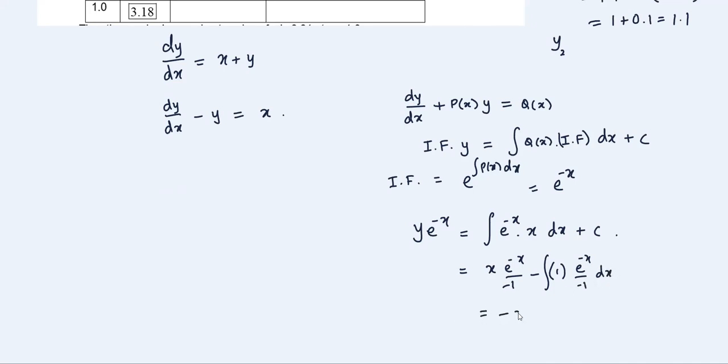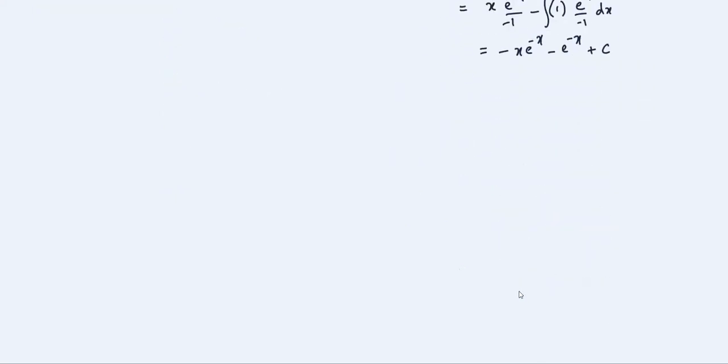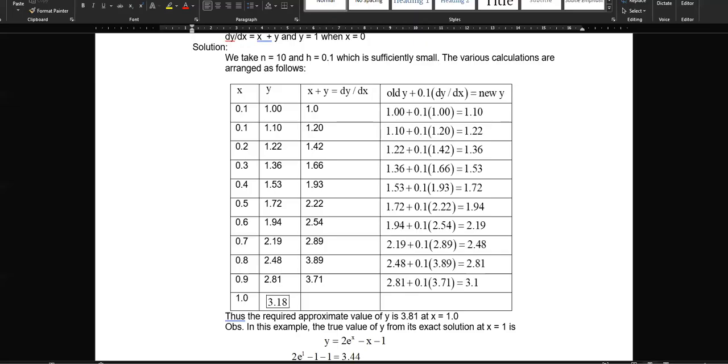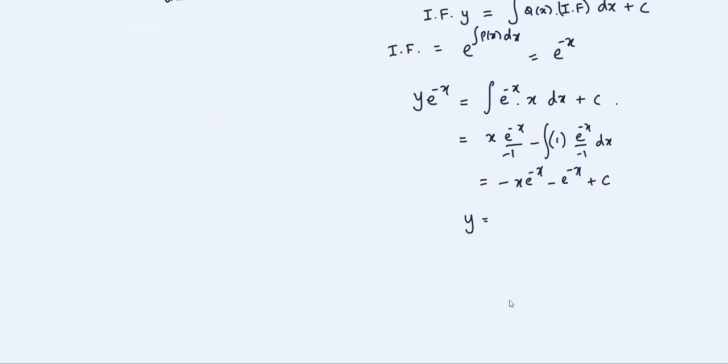This is minus x e power minus x minus e power minus x plus c. So y, see what is the solution, is minus x minus 1 plus c times e power x.